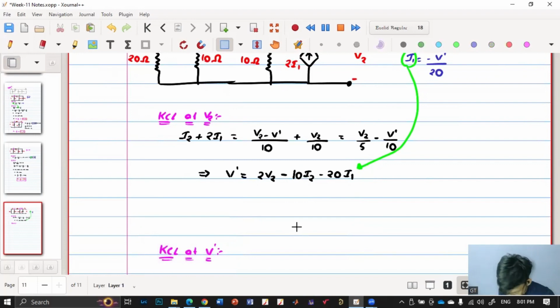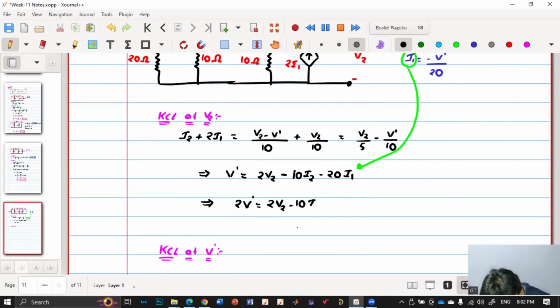Okay. So now if we substitute that, we will get minus 20 I1. So minus 20 I1 is how much? V dash. So that V dash, if you bring this, we will get 2V dash is equal to 2V2 minus 10I2. Sorry, I have made another blunder here.